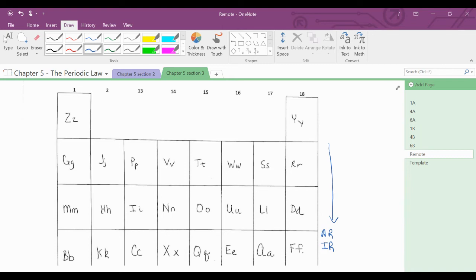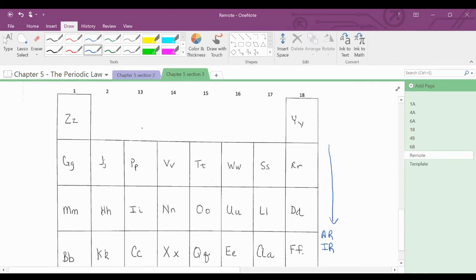Okay. All right, so let's look at the period. So again, you're to draw an arrow that shows the direction in which the atomic radii and the ionic radii increase. So I'm going to draw mine up here at the top.